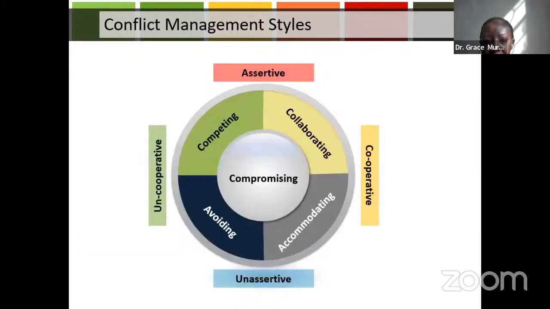Okay, so these are the styles we have discussed, and looking at them, are they assertive, cooperative, and assertive? Assertive means you actually are active in solving this issue. There's activeness, okay, not aggressiveness. You're active in doing it, but you're doing it in the right way. So we're saying that competing and collaborating are assertive, okay?